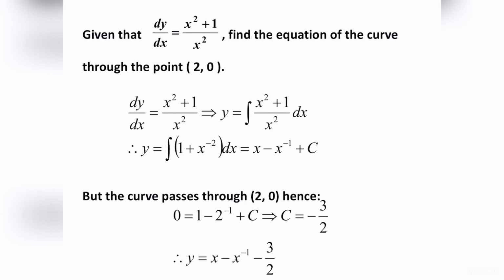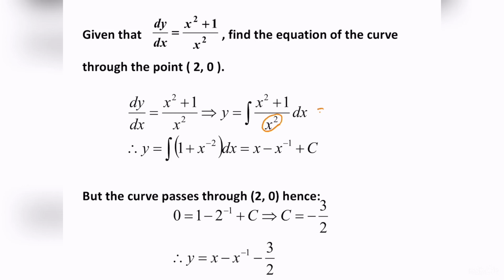And when we integrate, it's better to, we have this x squared at the bottom, we put it at the top as x to the power minus 2, and then we multiply inside the bracket.